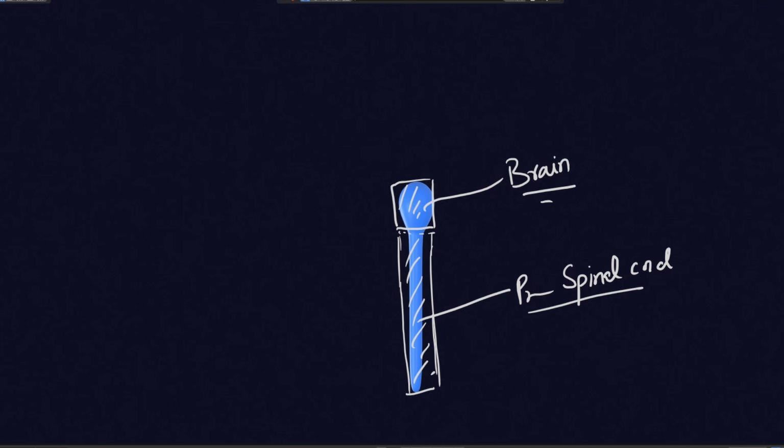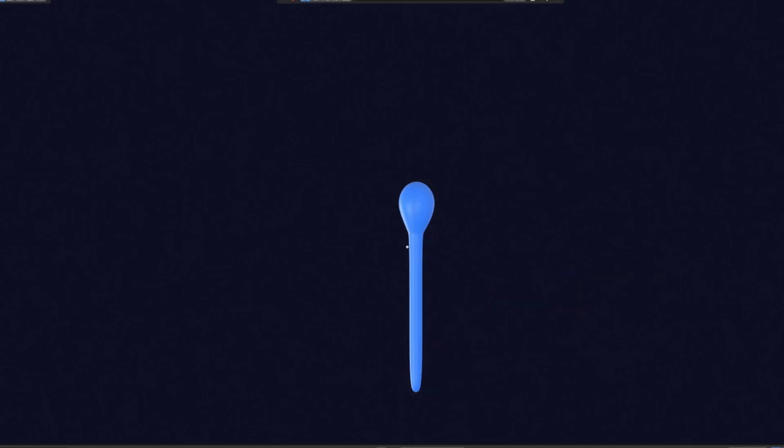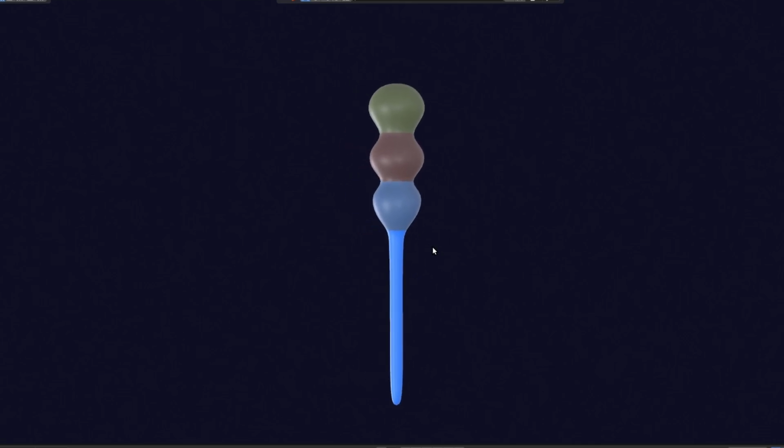Now this cranial dilated end will subdivide into some swellings, and let's see how. Here you can see it has been subdivided into three basic swellings. These are the earlier vesicles of the primordial brain, the primary brain vesicles.